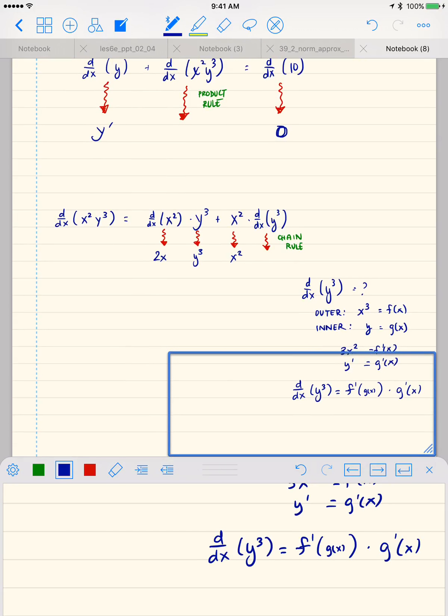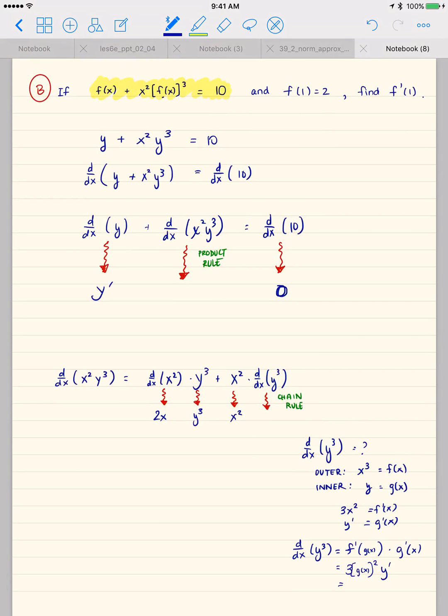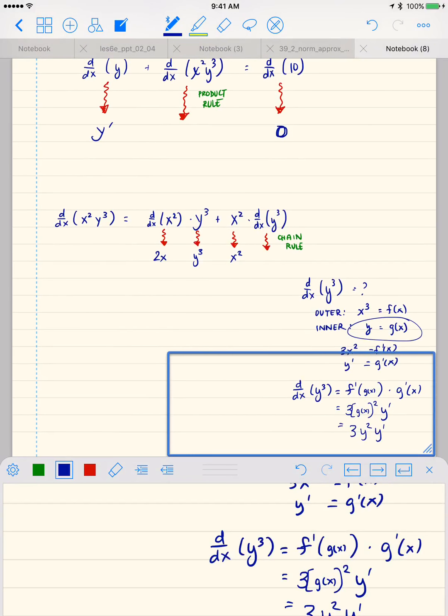Okay. What is f prime? 3x squared. So f prime of g of x is going to be 3 g of x squared. And g prime we said is y prime, so we'll have y prime. But what is g of x? G of x is simply y. So we'll have 3y squared y prime. So let's put that in here.